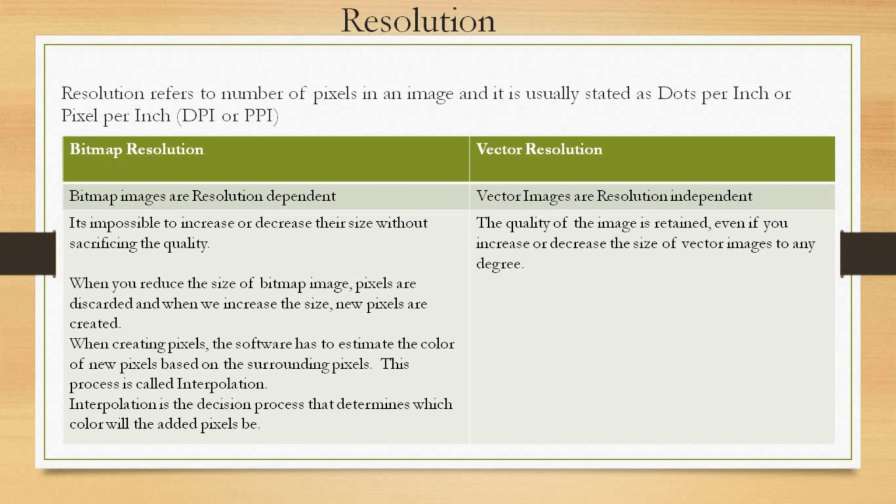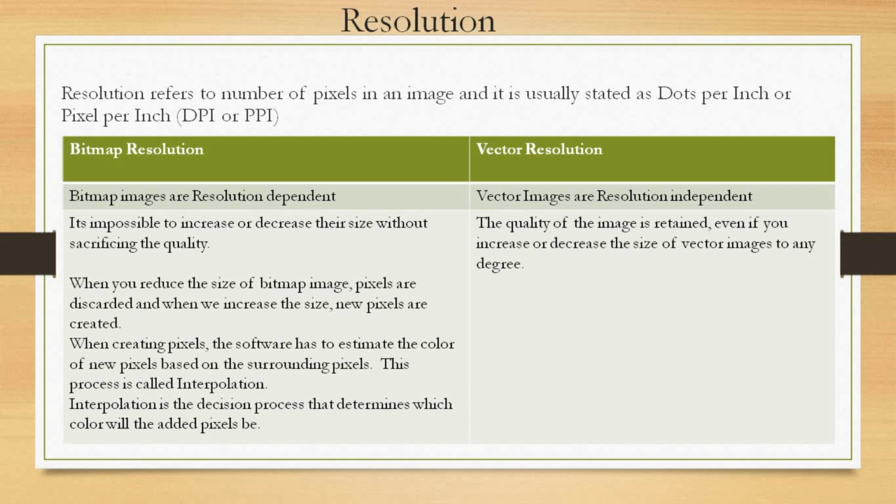Clear? And whenever you reduce the size of a bitmap image, pixels are discarded. Some pixels will be removed. And when we increase the size of the image, new pixels will be created.